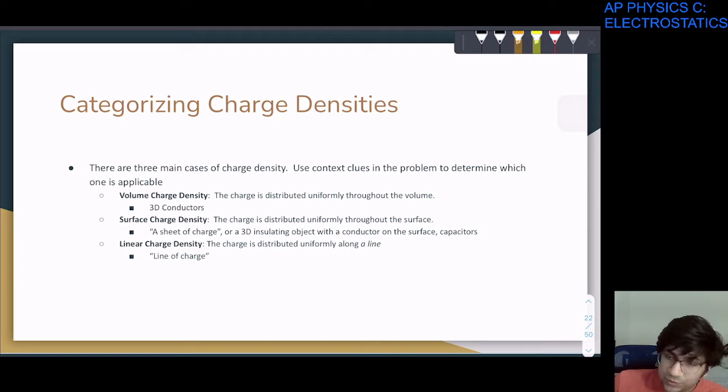Now, there are a few types of problems that we're going to see. There are three main types. Volume, which is like 3D charge densities. Surface, which is like a 2D charge density, like a sheet. Or 1D, which is the best example because it's a lot easier, and this is just one-dimensional along a line, like along the x-axis. So just think 3D, 2D, and 1D.